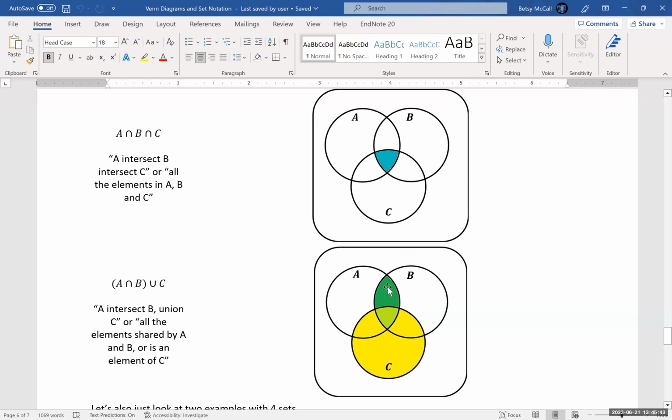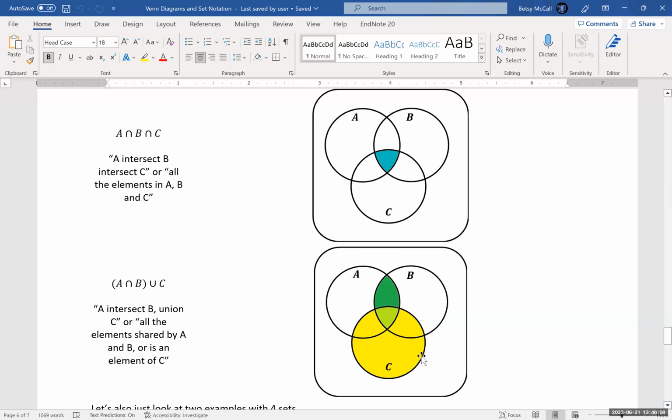So in this example, all of the shaded components, the intersection of A and B and all of C, are all included in A intersect B union C. Whereas if these were all intersections, it would just be like the one above, it would just be the overlapping portion. But because this is a union, it's actually any part of this shading right here.